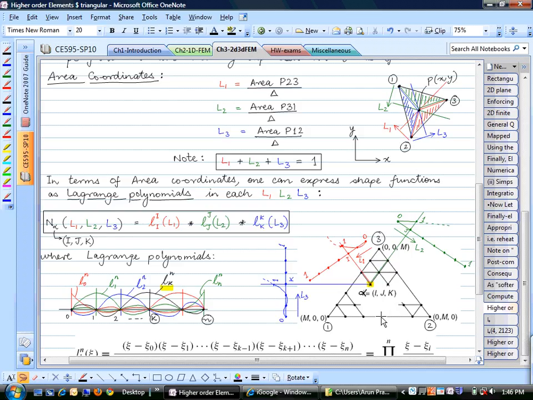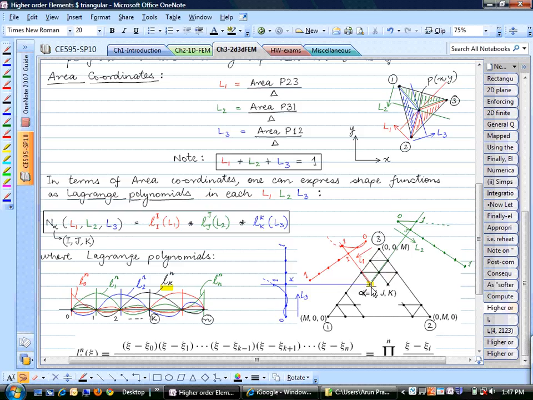Similarly, you go up in this L2 direction and this L3 direction, you will see that this is 0, 0, 6. So to generate the shape function for this node alpha, which is I, J, K, what we need is some shape function that goes to 1 at this point and goes to 0 at every other node. So there are all these different nodes.